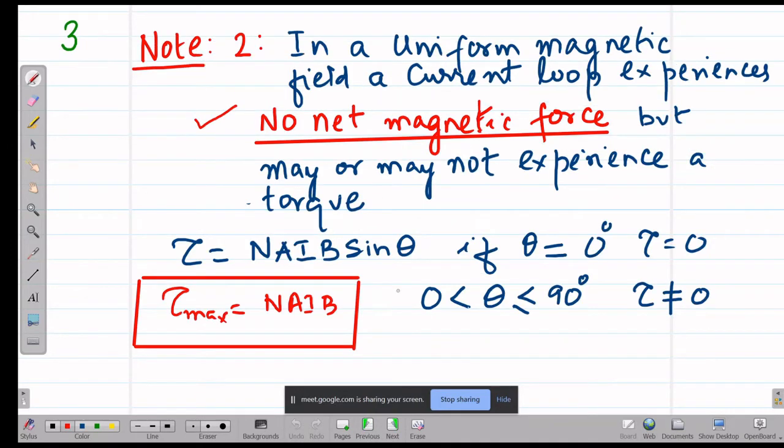So for your reference, as far as your understanding of this chapter is required, you have to really understand only this part. In a uniform magnetic field, a current loop will experience a torque, and this torque will depend on the angle theta, among other things. It will of course also depend on the area of the coil, the current in the coil, the field, etc. But mainly it will depend on theta for a given coil carrying a particular current in a particular magnetic field.